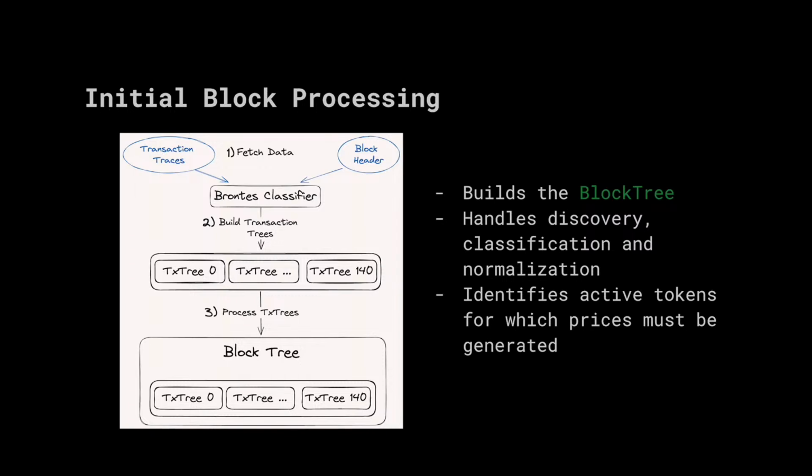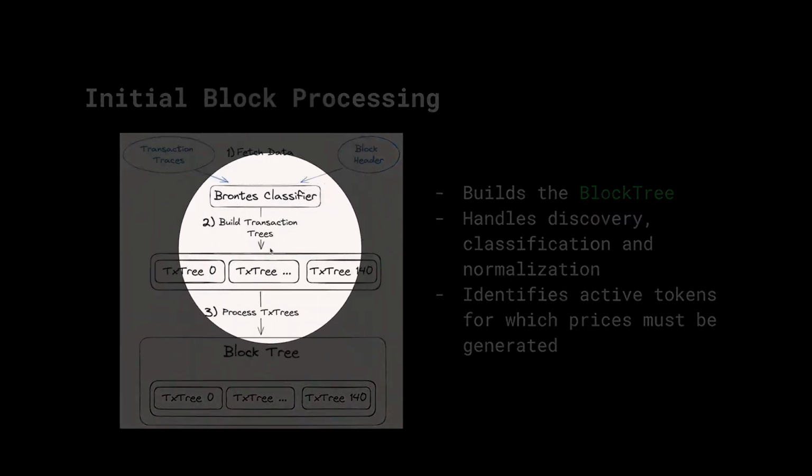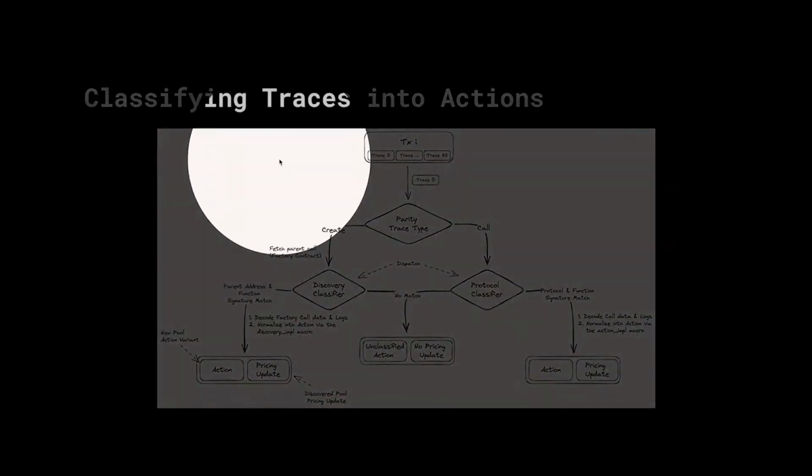All right, so to start, what we basically do is we collect all the traces in the transaction tree, or in the block, of course. And then for each call frame, for each transaction, we go through a process. So here you have the individual transactions, and then they get processed at that point here.